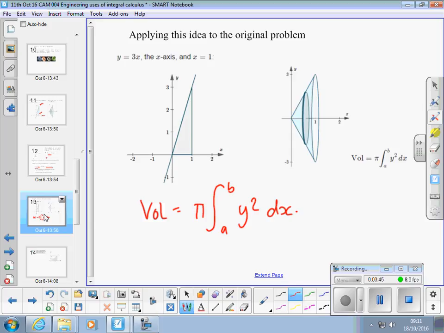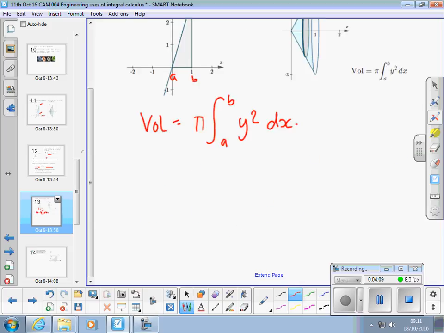Where do we get the limits from? Is that not a there and b there? Yeah, that's the x values limiting the function. Okay. So we just have to find the definite integral of that.